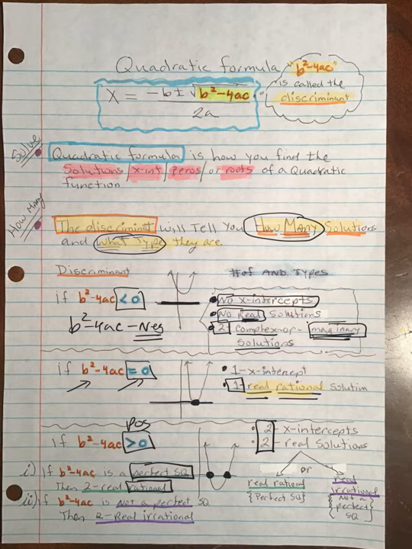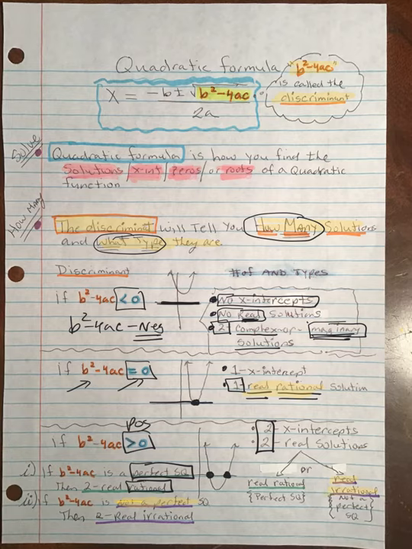If it comes out to not be a perfect square, like the square root of 3 or 4 radical 5 or 6 square root 7, if it's not a perfect square, in other words, that there's still a square root, then it would be considered real and irrational.